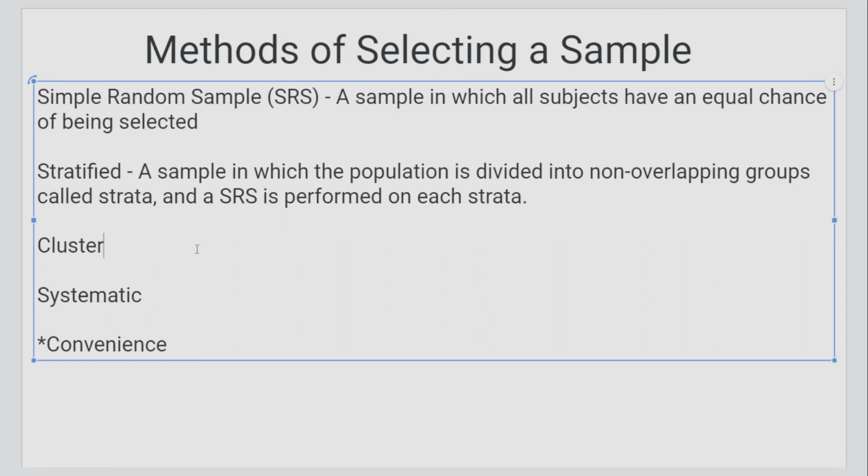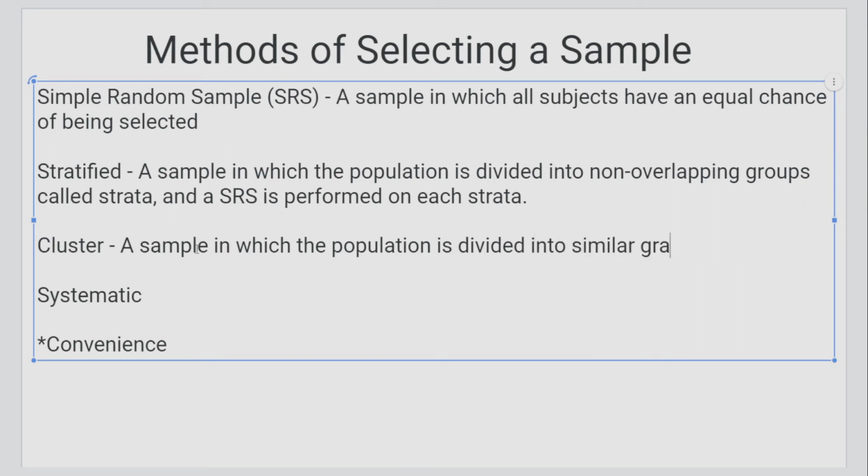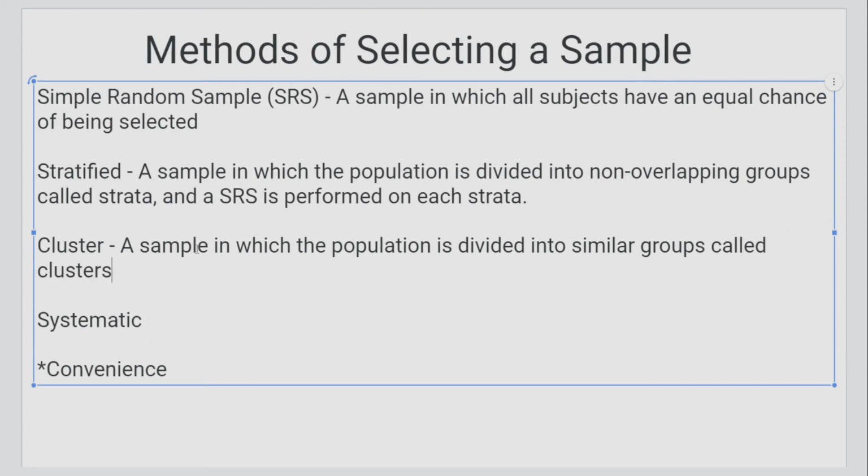And now we get to a slightly similar method of sampling. So a clustered sample is a sample in which the population is divided into similar groups called clusters.